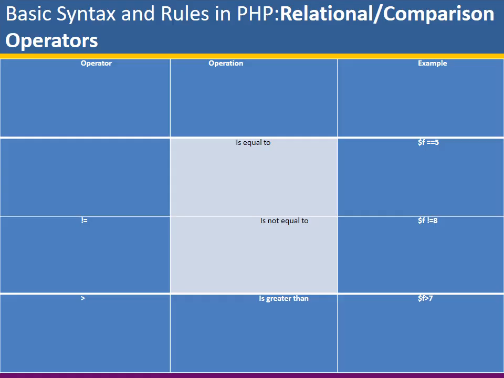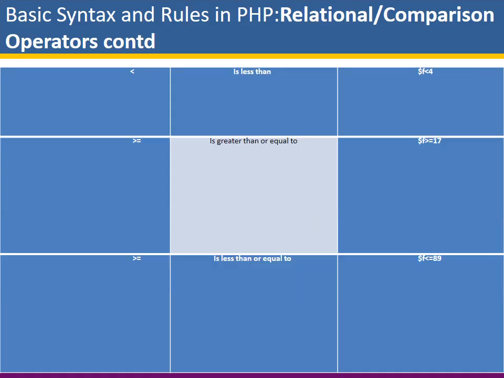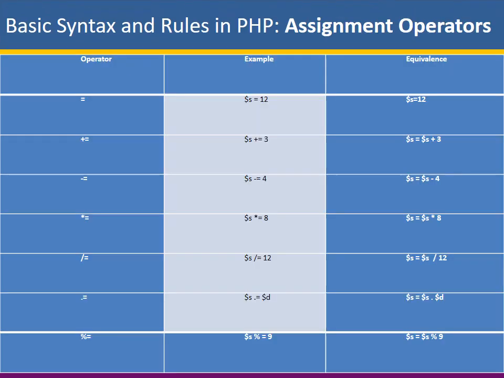We have greater than and less than with the examples. We have the is greater than or equal to operation, with the example. We have the is less than or equal to. So we can see the examples of how to use them.